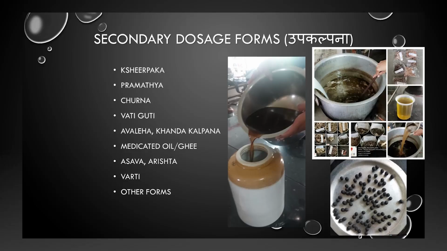Asava Arishta. Asava Arishta are prepared by the fermentation process. Fermentation is achieved with the help of Dhataki Pushpa, that is flowers of the fire flame bush, Woodfordia fruticosa, and supported by sweeteners like sugar or jaggery. All the drugs in cold or hot infusion form are shifted to an earthen pot.